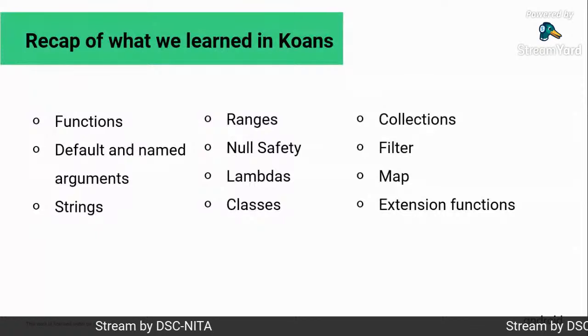You'll get to learn about this in the first three segments of this Kotlin course. Okay, so in the next session, we'll discuss this. Up to that, you have to learn about these things.